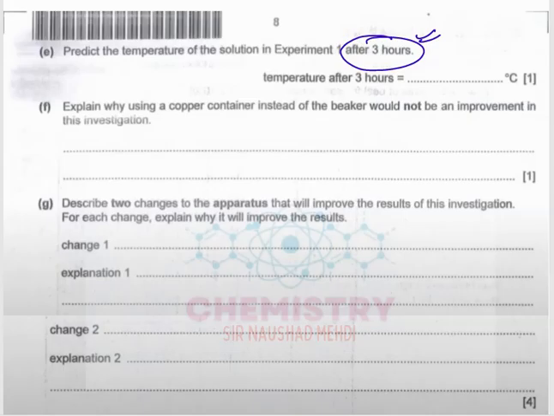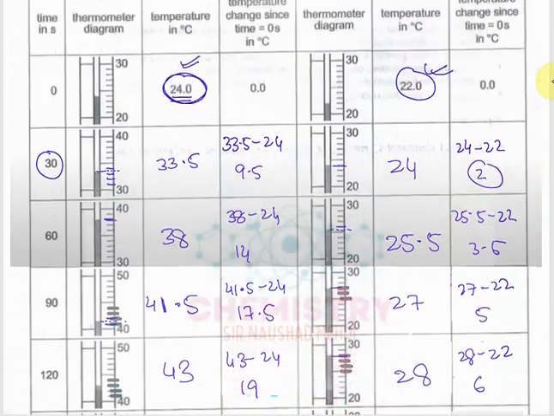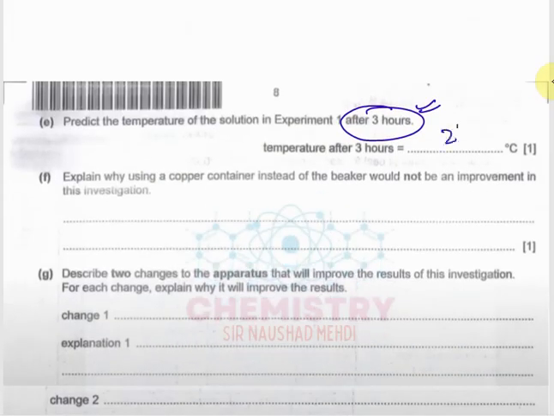The reaction has stopped because this is too much time. So after 3 hours the temperature will come again to its initial state. And what was the initial temperature? It was 24 degrees centigrade. So the answer would be 24 degrees centigrade.